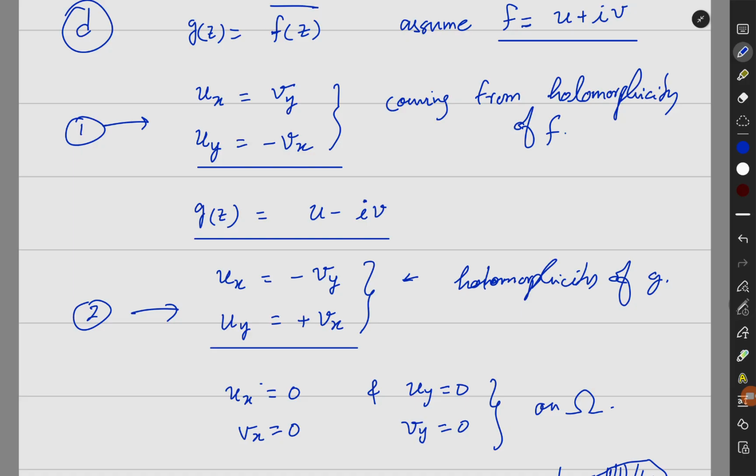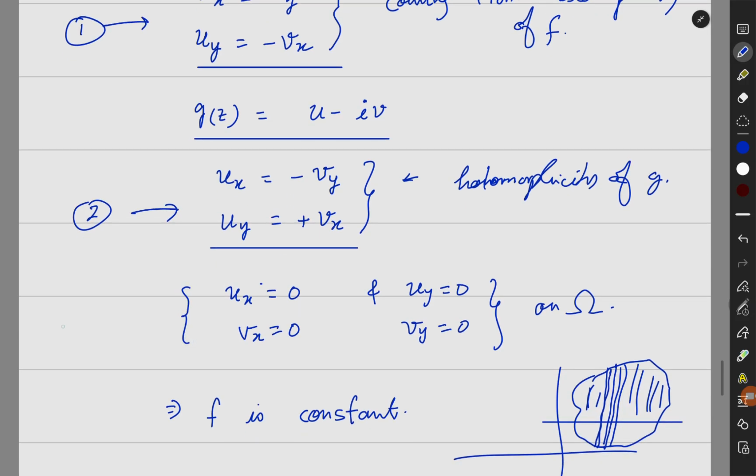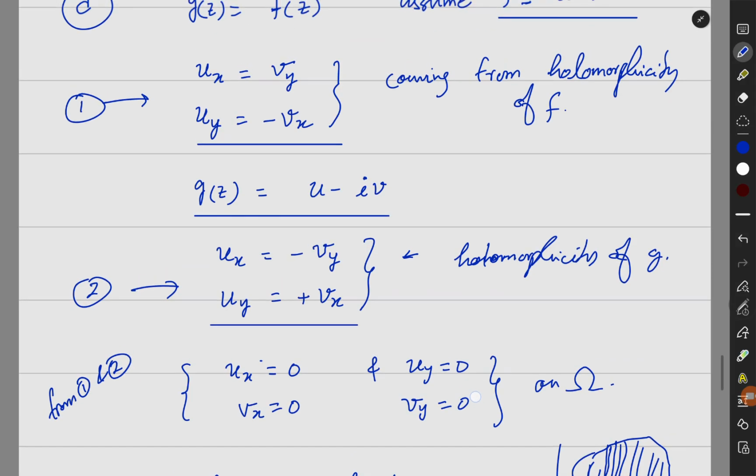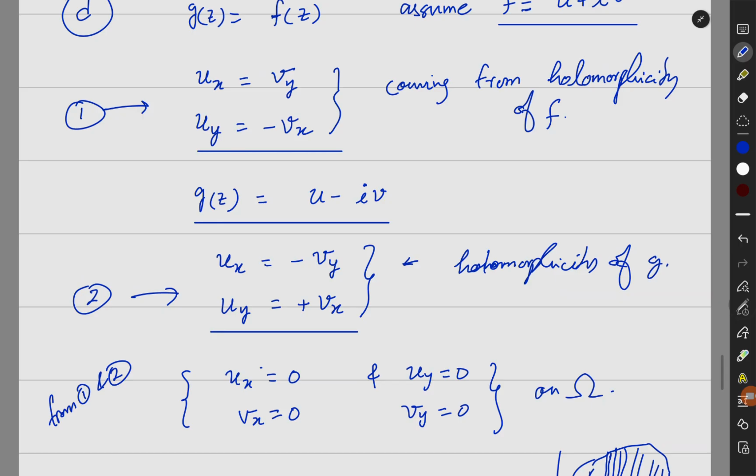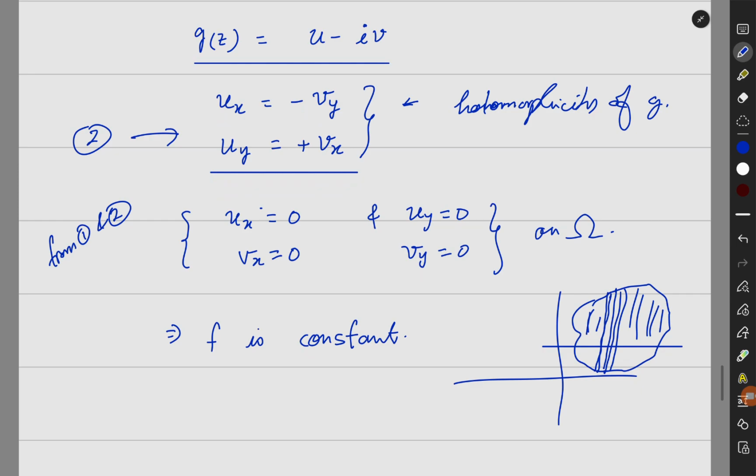Now if you take 1 and 2 together, you get uy, vy, vx equal to 0, ux, uy equal to 0, so everything is 0. So on these lines parallel to the x-axis and parallel to the y-axis, the function is constant, giving the same constant on these lines. Now one line gives us the constant value at everything, so f is constant on the whole omega.